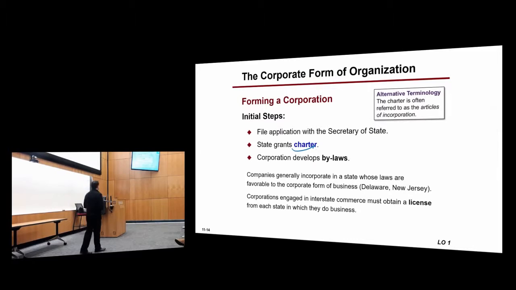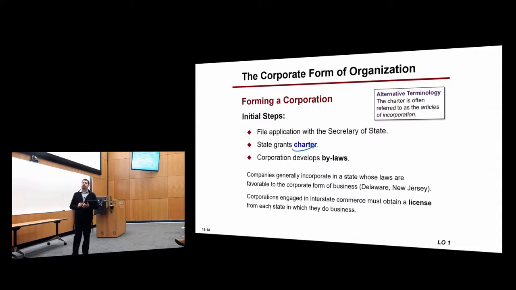The charter would state basically the purpose of the company, the founders of the company. Okay? And then once it is incorporated, the company would create their own bylaws. Bylaws are their own internal regulations and policies, etc.